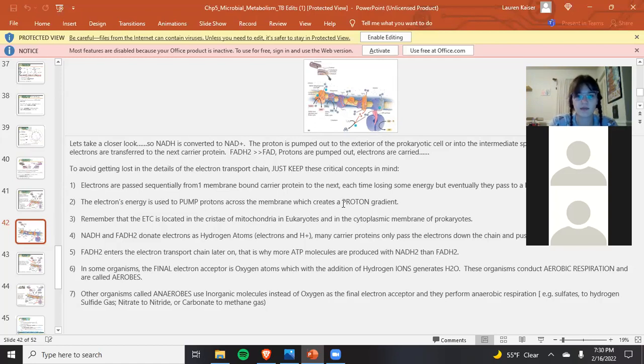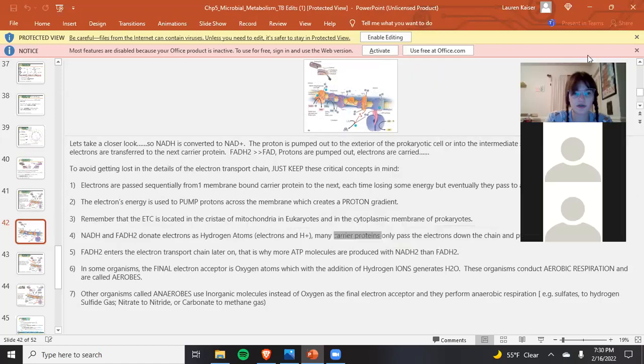So remember, this is the gradient I was talking about. Remember where they're located. The whole concept of donating hydrogen atoms to the carrier proteins, and then we push those hydrogen out, remember?